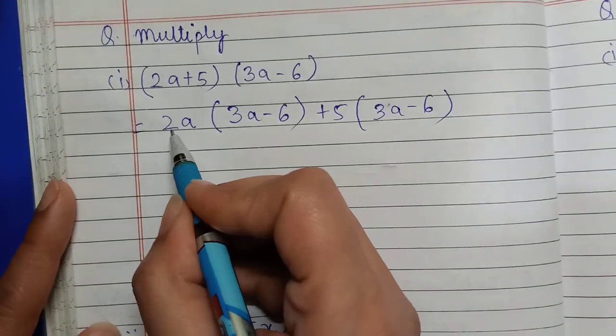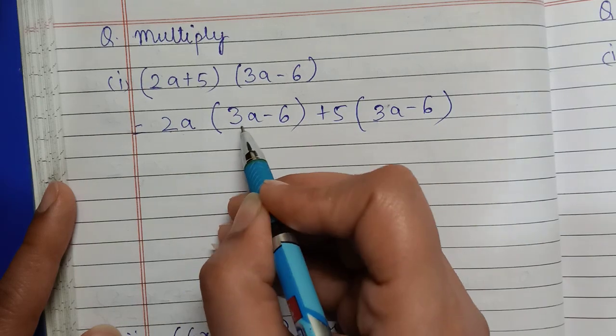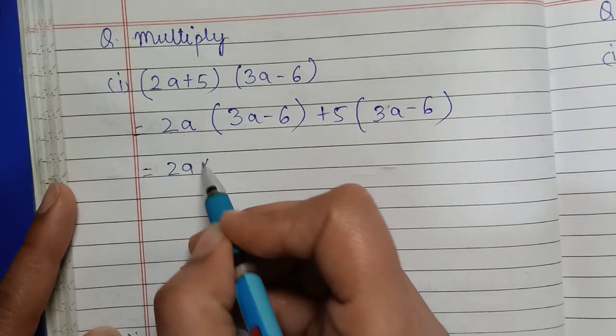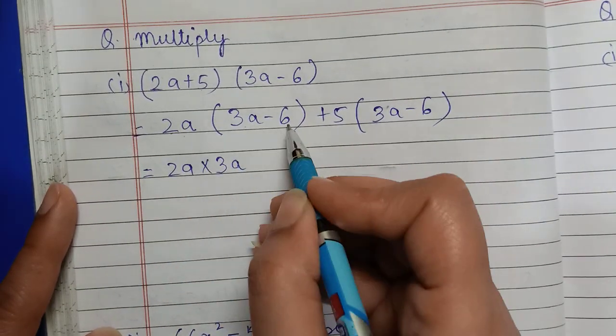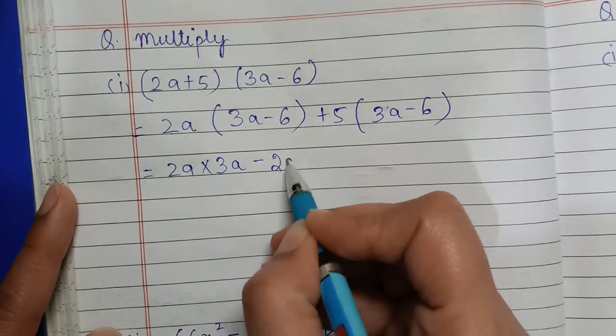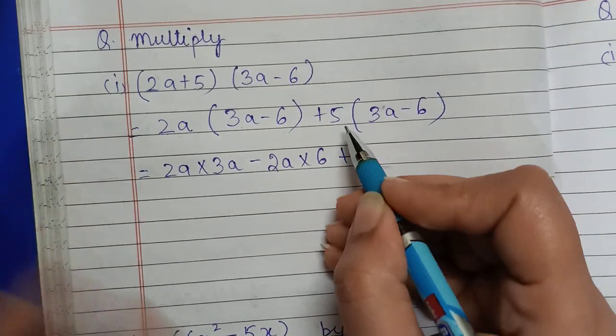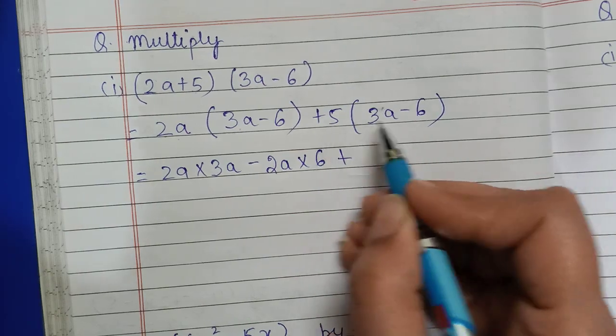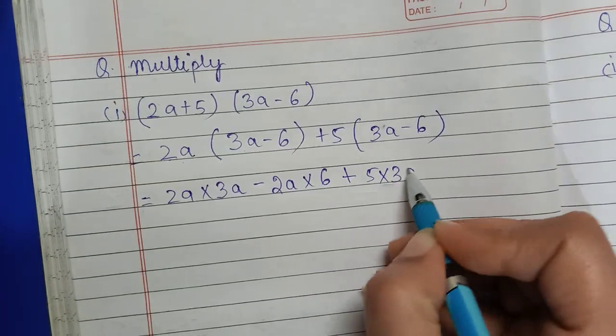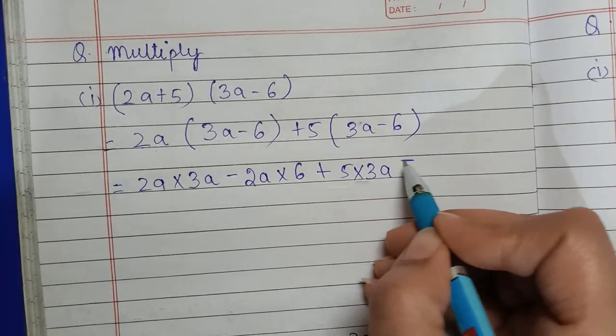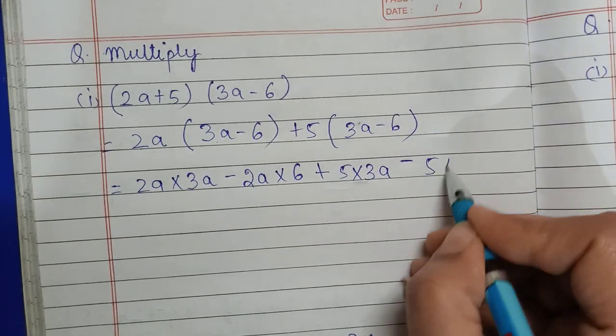Now when we open this bracket, this 2a is multiplied with 3a and this 2a is also multiplied by 6. Similarly, when we open the second bracket, this 5 is multiplied by 3a, and with the minus sign, 5 is multiplied by 6.